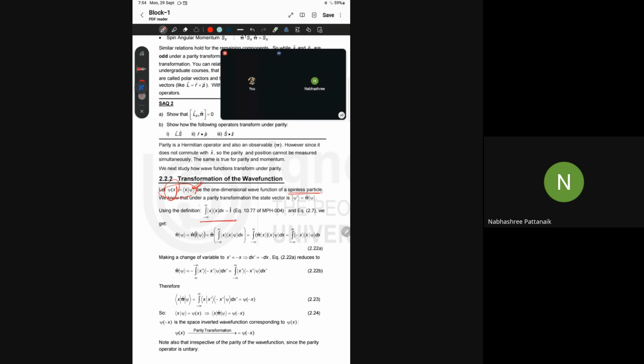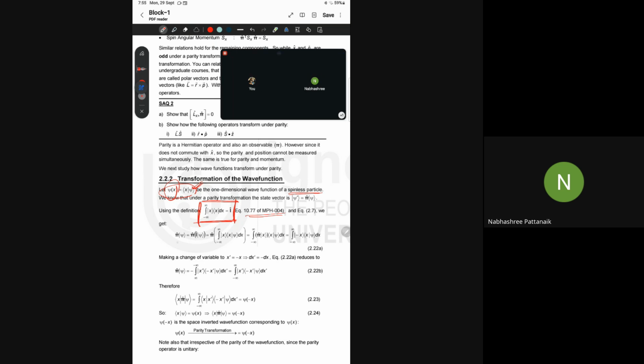Now this is quite clear from your first quantum mechanics course, right? The integral of |x><x| dx from minus infinity to infinity is nothing but the identity operator.